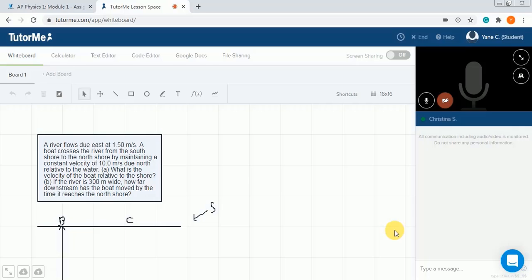From A to B, that's the boat crossing the river. It has a velocity of 10. From B to C, the water is flowing at a velocity of 1.5. And this is asking, what is the velocity of the boat relative to the shore?